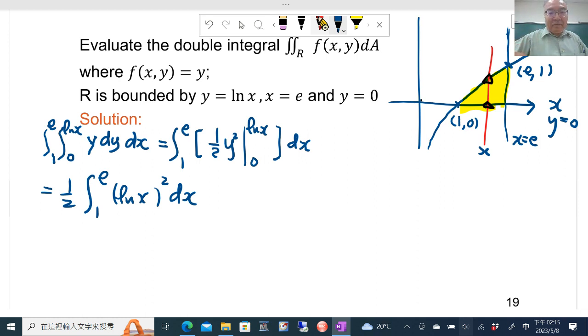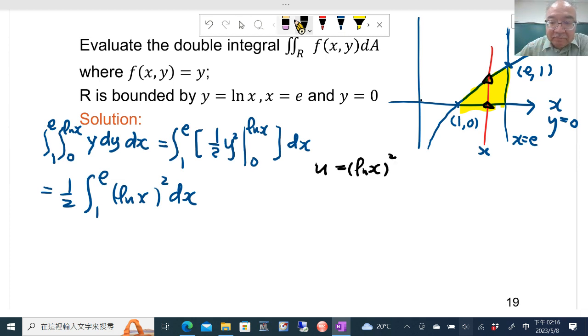Let me say integration by parts. So let me choose u as ln x squared, and dv will be dx.